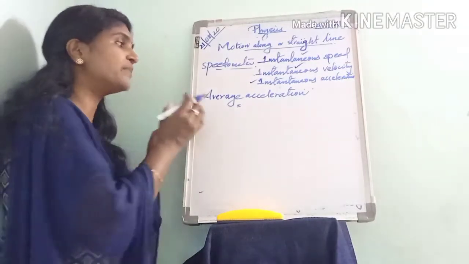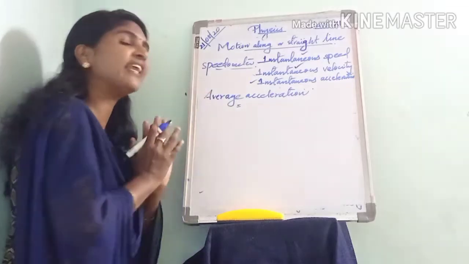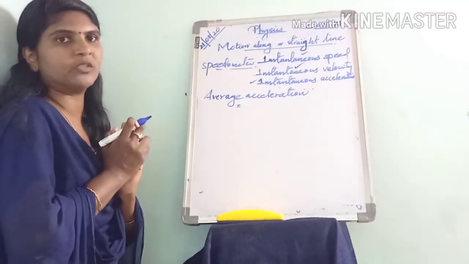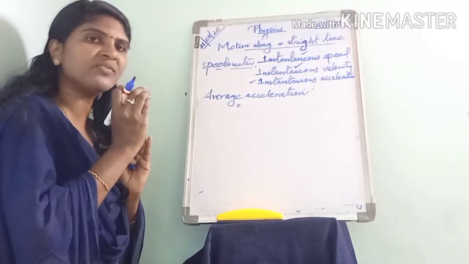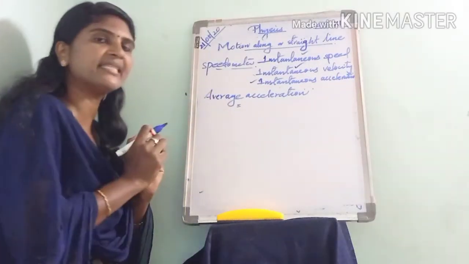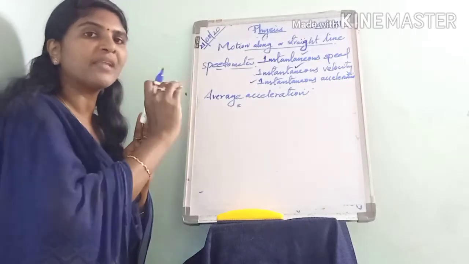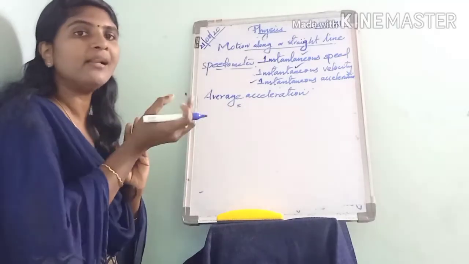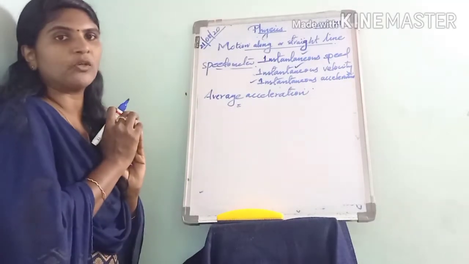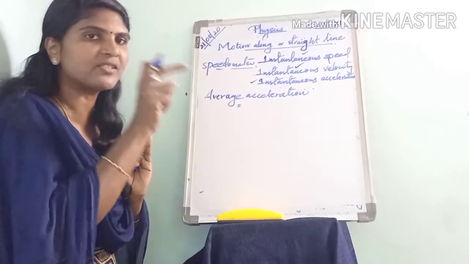Suppose an object moves with a variable velocity; in that case we have to calculate the average acceleration. It is the ratio of the total change in velocity to the total change in time.